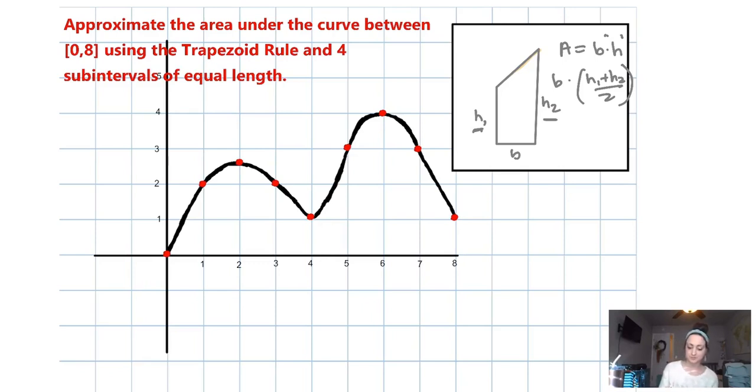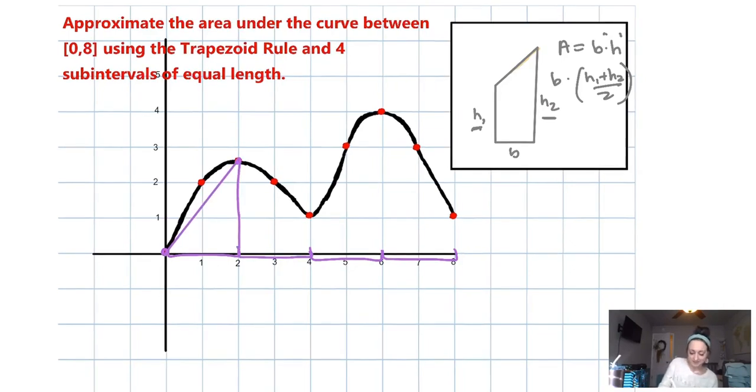All right, so let's try this one. So we're still going to do 4 subintervals, so 0 to 2, 2 to 4, 4 to 6, 6 to 8, okay? So now to draw them out, I'm going to take my left endpoint, my right endpoint, connect the 2, and then drop down to the x-axis, okay? This is a triangle because my left height is 0, but let's go ahead and follow our formula.